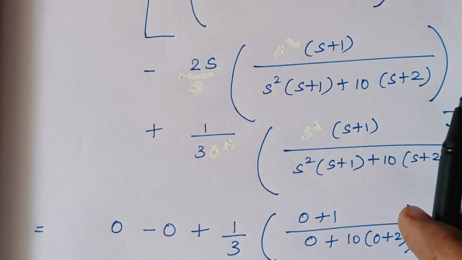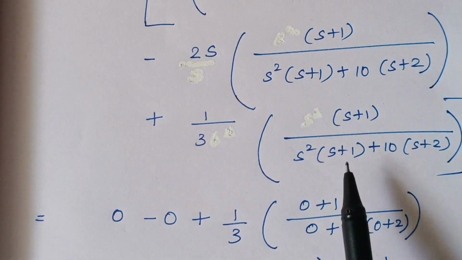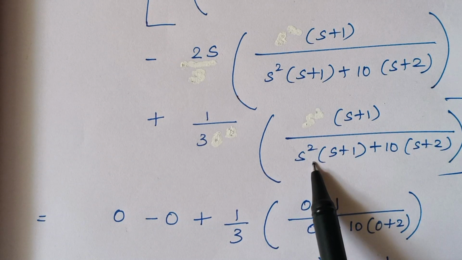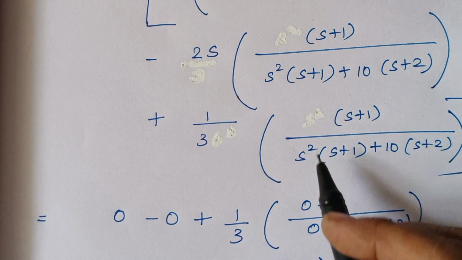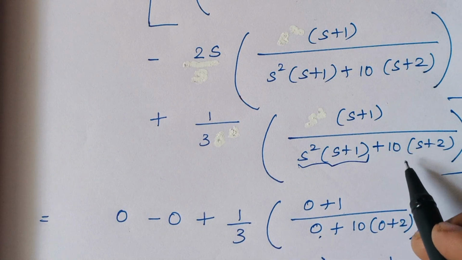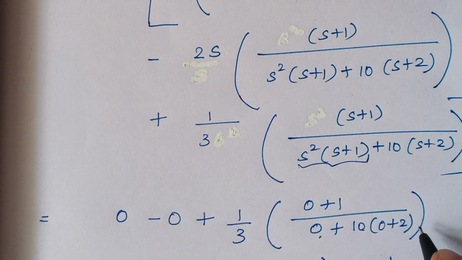For this third term, when you apply limit s tends to 0, we get 0 plus 1 divided by, when you substitute s as 0, 0 multiplied by anything, this entire term reduces to 0. And then 10 into, again s becomes 0, so 10 into 0 plus 2.